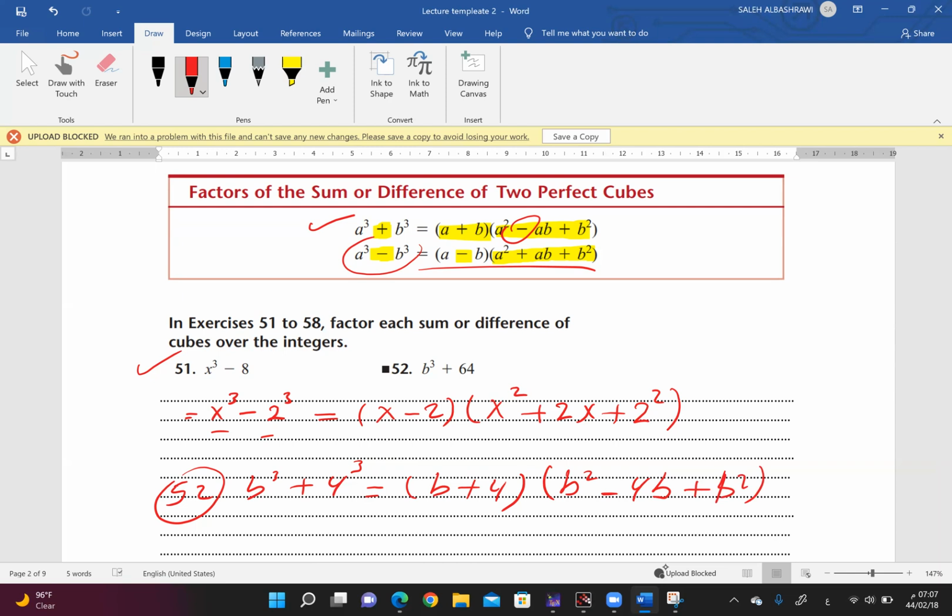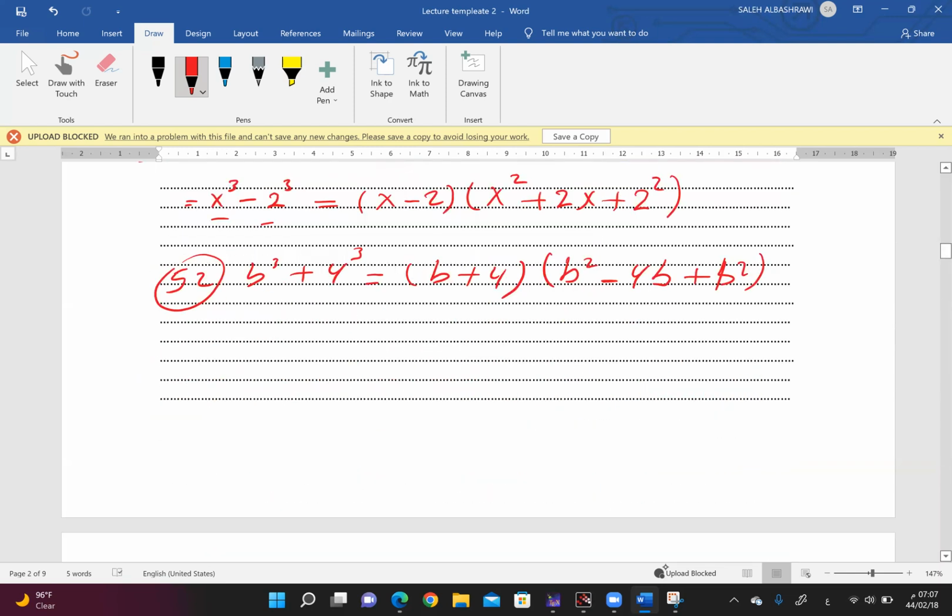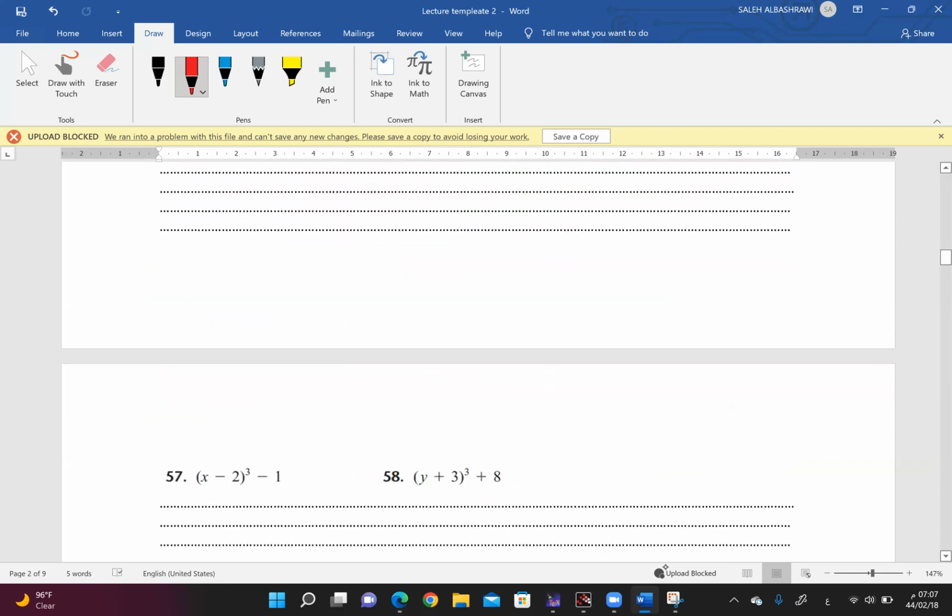So this is the idea of factoring the sum of two cubes or the difference between two perfect cubes.